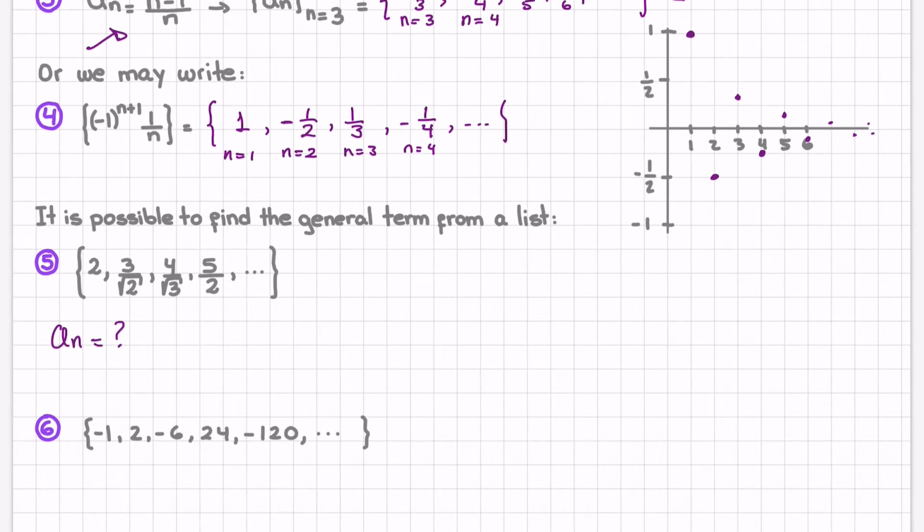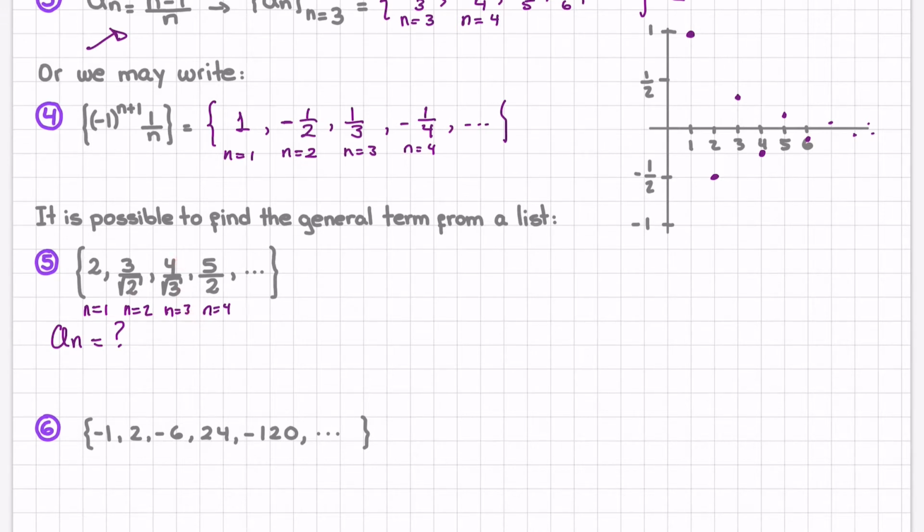How could I specify this list by taking n equals 1, n equals 2, n equals 3? We're given only 4 terms. From there, we have to find a rule for a_n. So when you plug in 1, you get 2. When you plug in 2, you get 3 over root 2. When you plug in 3, you get 4 over root 3.